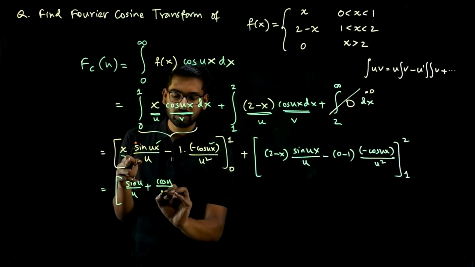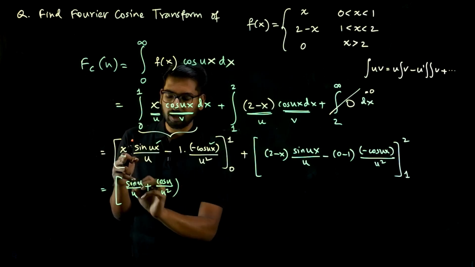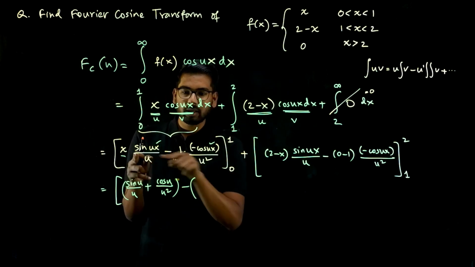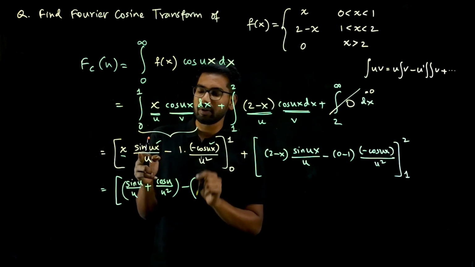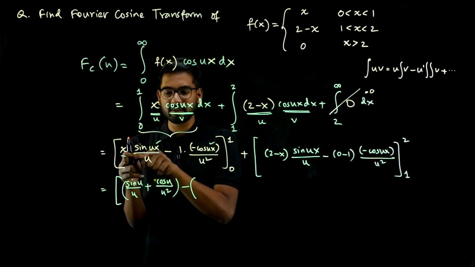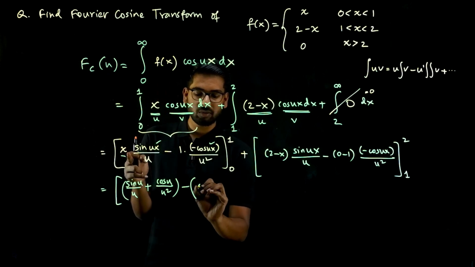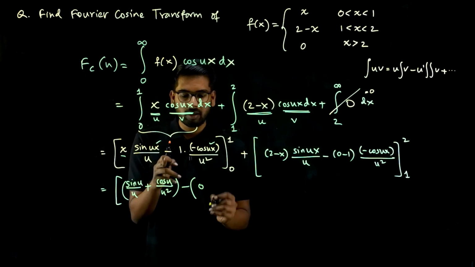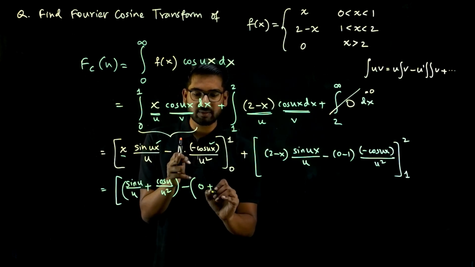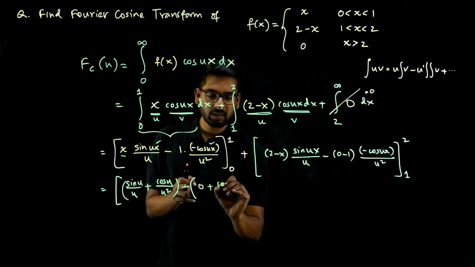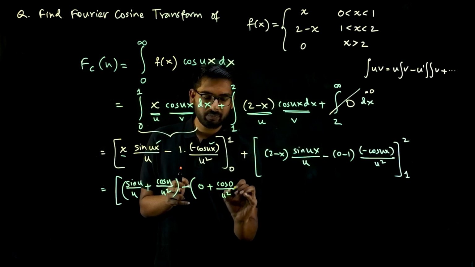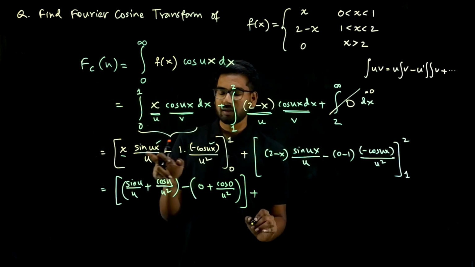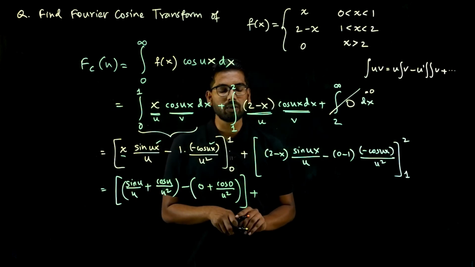This is the term with the upper limit, minus the same terms with the lower limit. If you substitute 0 in place of x, the first term will be 0 times sin 0, which is 0, and minus into minus plus cos 0 by u square. So those are the first 2 terms with upper and lower limits.